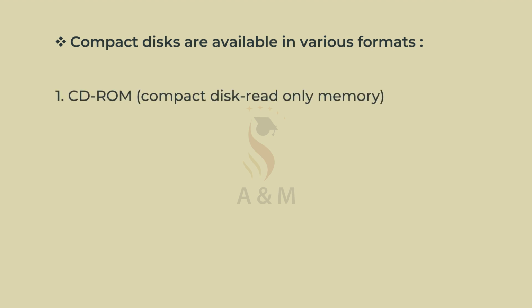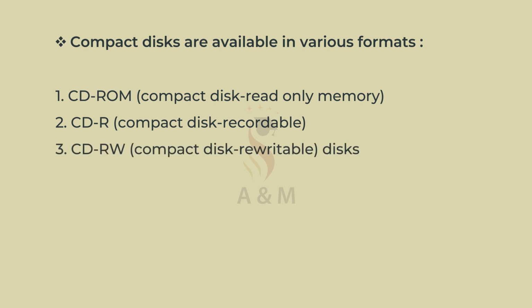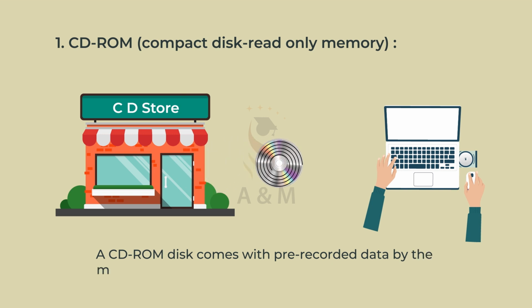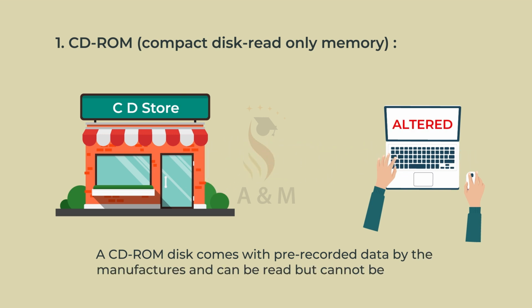First, CD-ROM, that is compact disc read-only memory. Second, CD-R, that is compact disc recordable. And third one, CD-RW, that is compact disc rewritable discs. A CD-ROM disc comes with pre-recorded data by the manufacturers and can be read but cannot be altered.